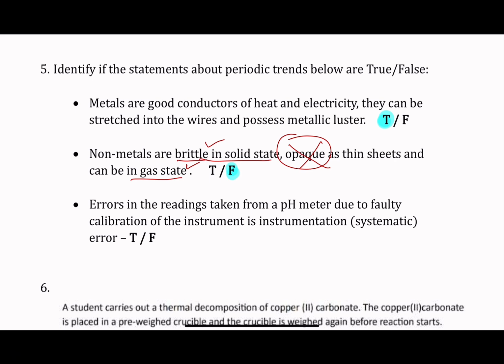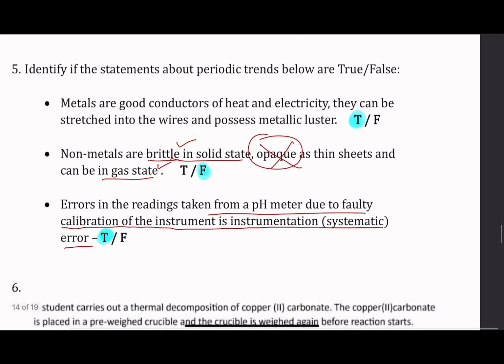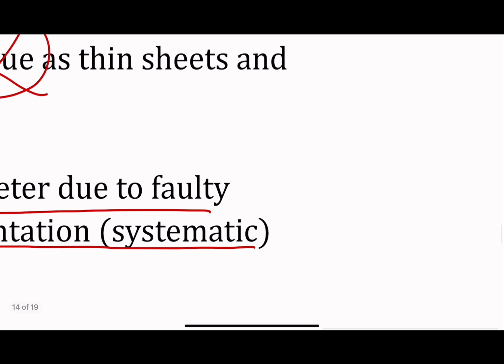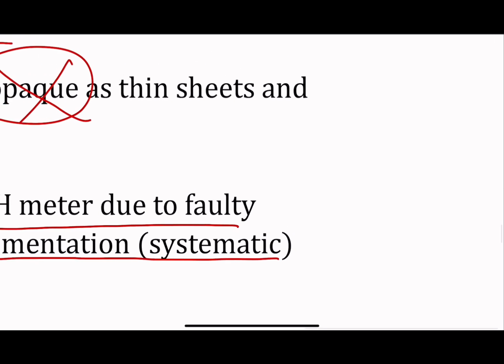Errors in readings taken from a pH meter due to the faulty calibration of the instrument is instrumentation, systematic error. This is true. We have done this with you. For example, if I give you a scale and we want to measure some weight on it, let's say the liquid inside.